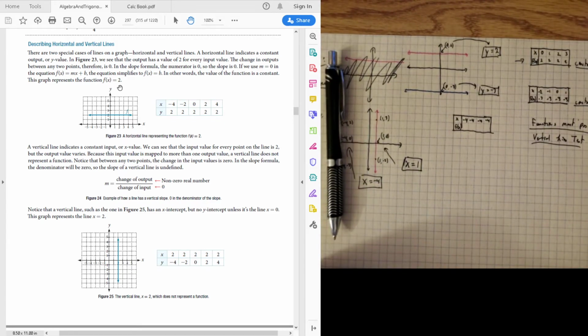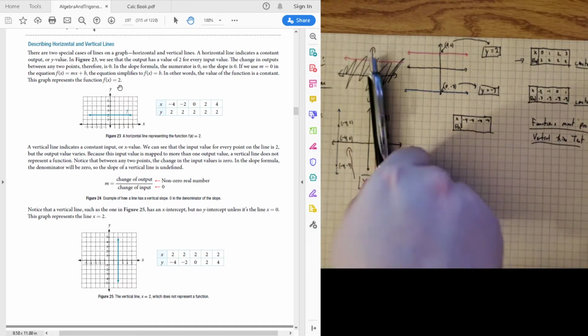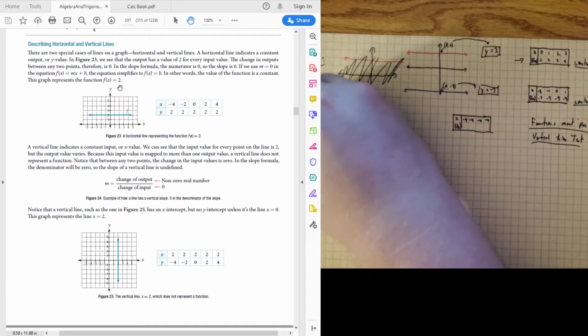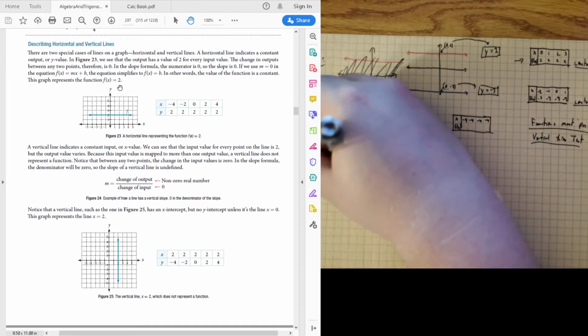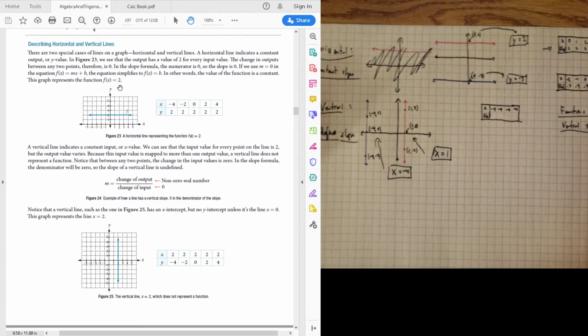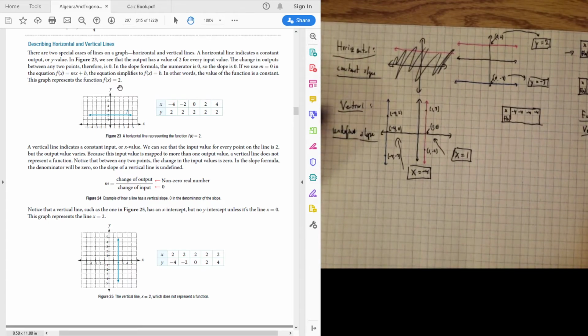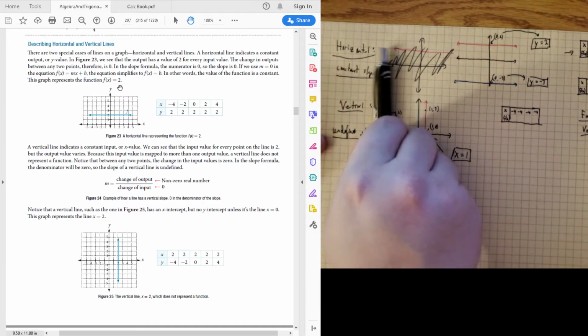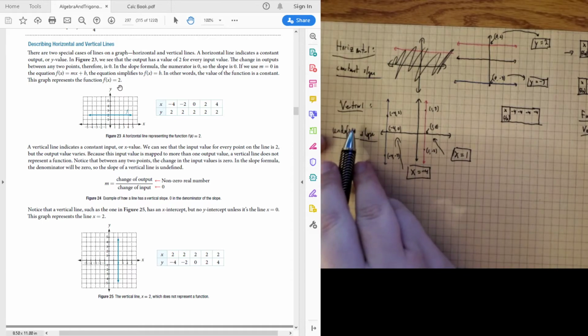It fails. That's why we consider these undefined. They fail the test. Because they fail, they are undefined. Vertical lines are always considered to be undefined slopes. They do not pass the vertical line test, so they are undefined.